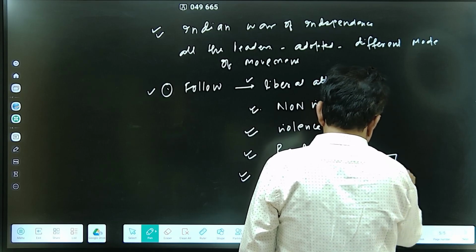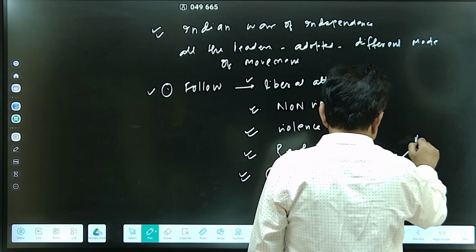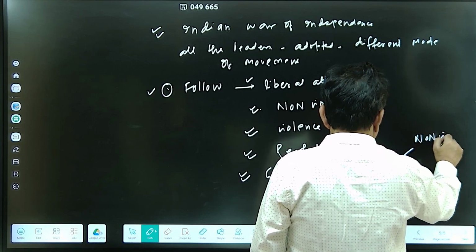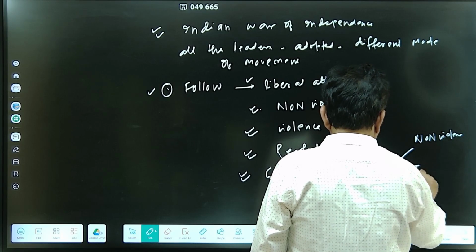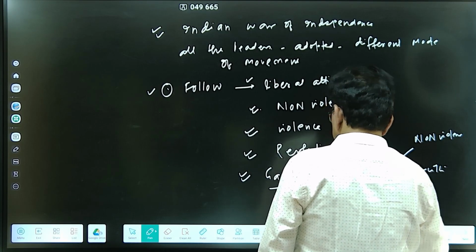Satyagraha means non-violence and the truth.